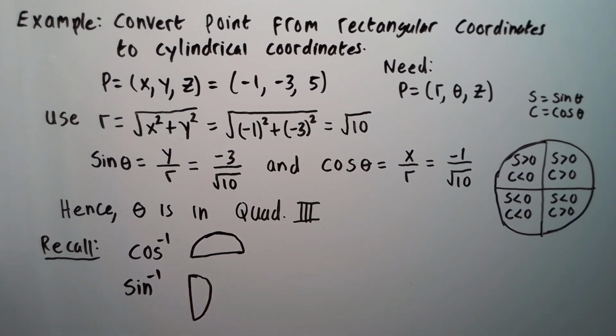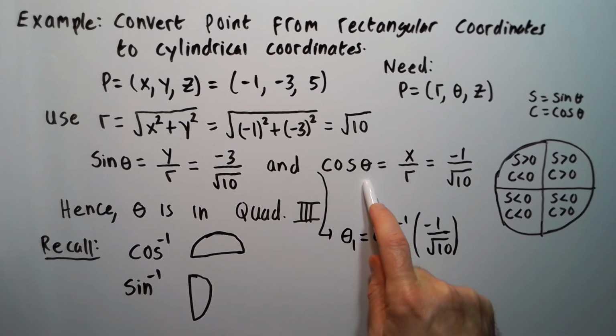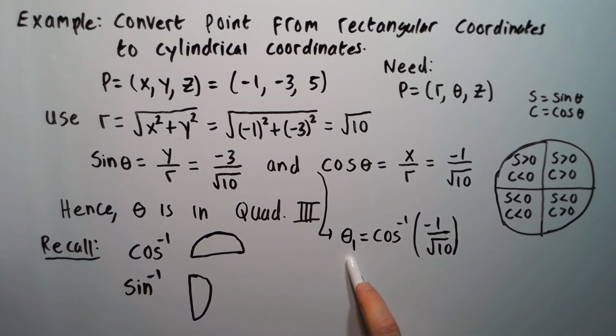We're going to have to adjust a bit here. Let's do inverse cosine on both sides. I did inverse cosine on both sides, but that's not going to give me the theta angle. I'm going to call it theta 1 instead. I'll explain why in a second.